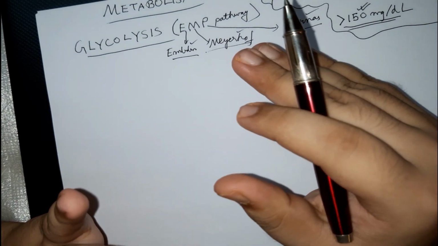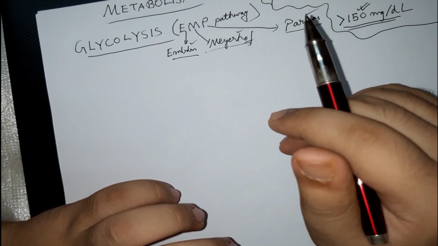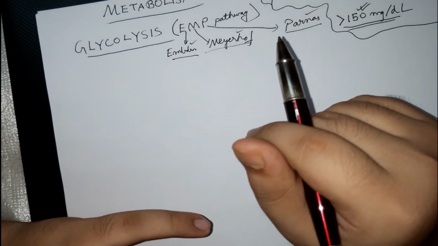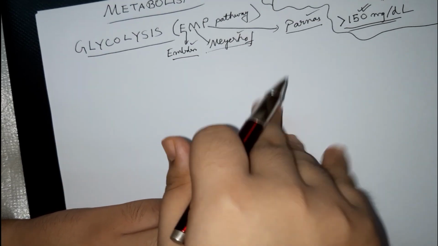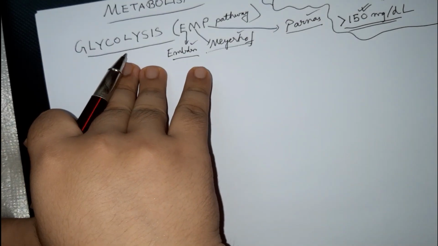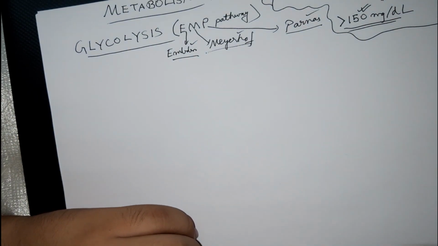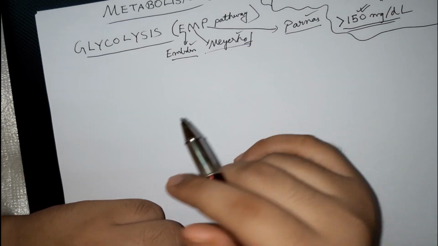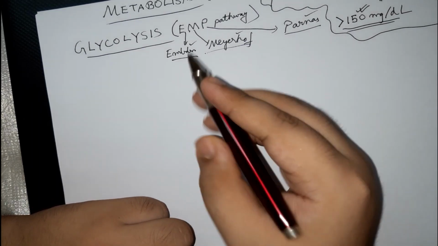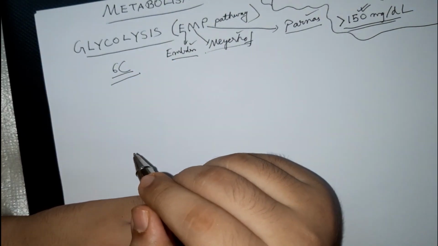So glycolysis, obviously it's a pathway in which glucose is broken down. So this is a catabolic pathway. Glycolysis is a catabolic pathway because glucose is being broken down here. What is glucose broken down into? Glucose is a 6 carbon compound.